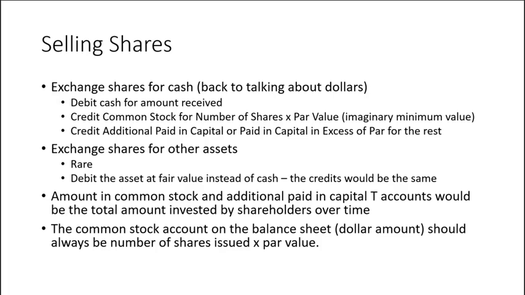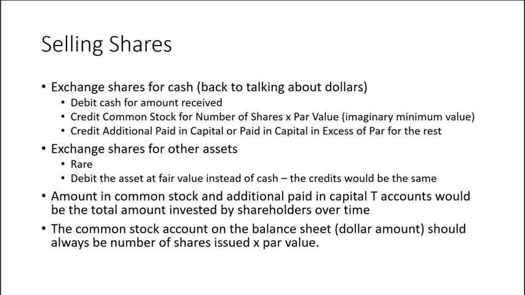Par value is an imaginary minimum value that's established when we start the corporation. When we file that initial paperwork, we're going to establish a par value, and we can never sell stock for less than that. It used to be a very much more important issue. It is no longer in today's world, but we still have that concept of par value.